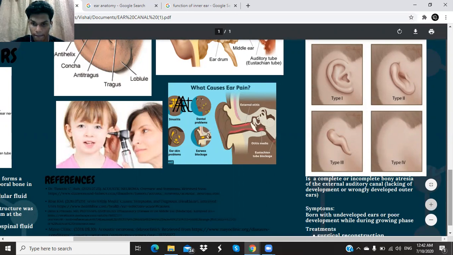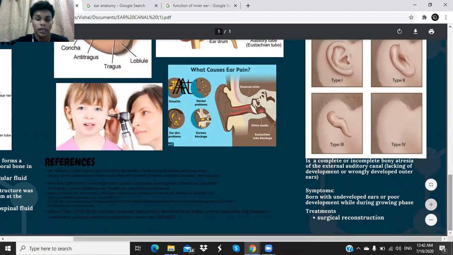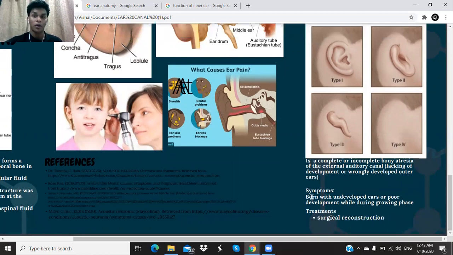There aren't really symptoms, but this happens at birth, where kids are born with undeveloped ears, or while they're growing, the outer ears lack development. This condition can be treated with surgical reconstruction of the ears.